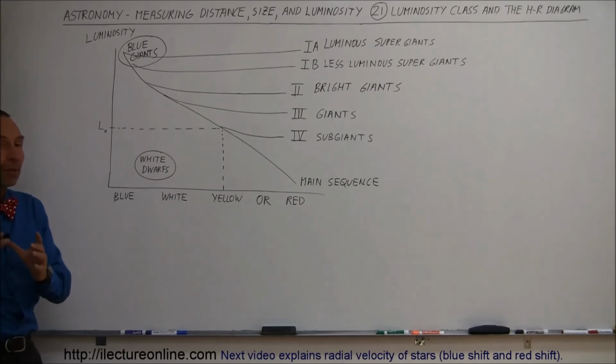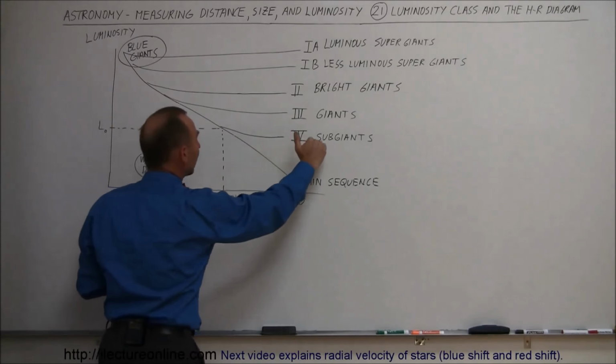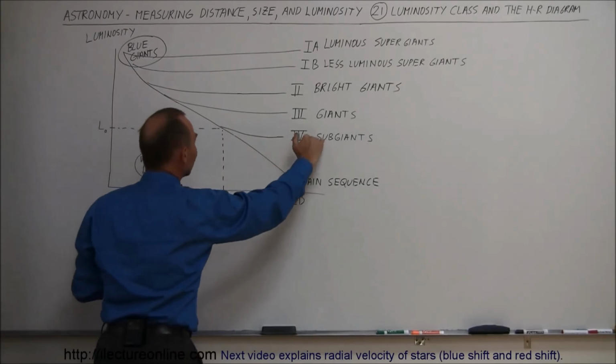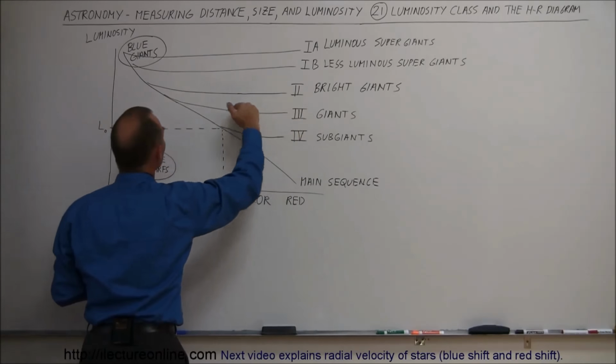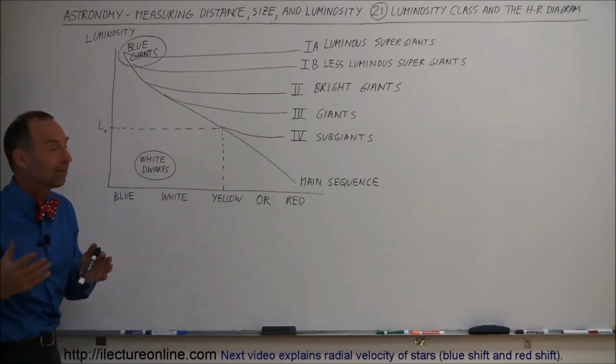And so that's how we've been able to identify those as well. Without going into details of how exactly we do that, that would be for another video, you can at least see that we can still find the luminosity of these red giants, and therefore for the red giants we can do the same thing as we do for the main sequence stars.